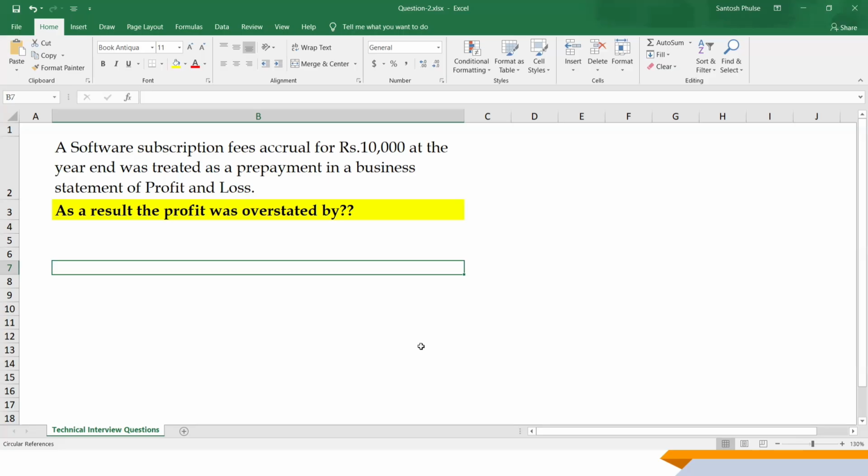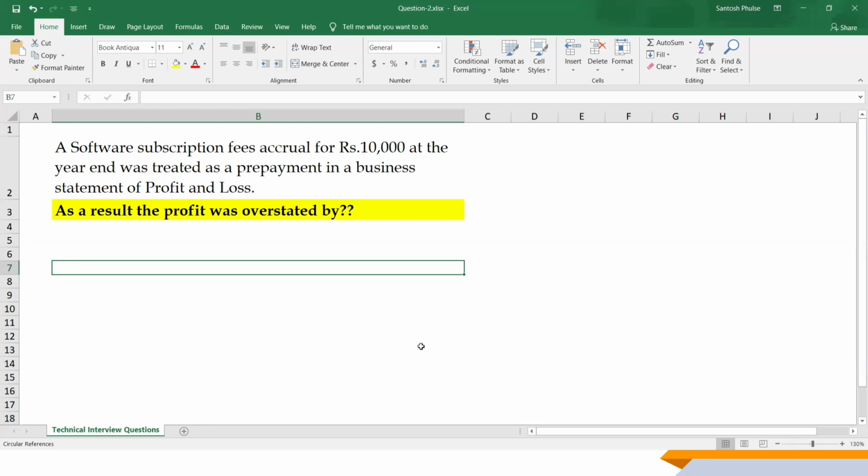As per the accrual concept of accounting, you have to book all the expenses pertaining to that period within that month itself, within that period itself. So assuming it's pertaining to November, whatever expenses are incurred, you have to book in this month itself.